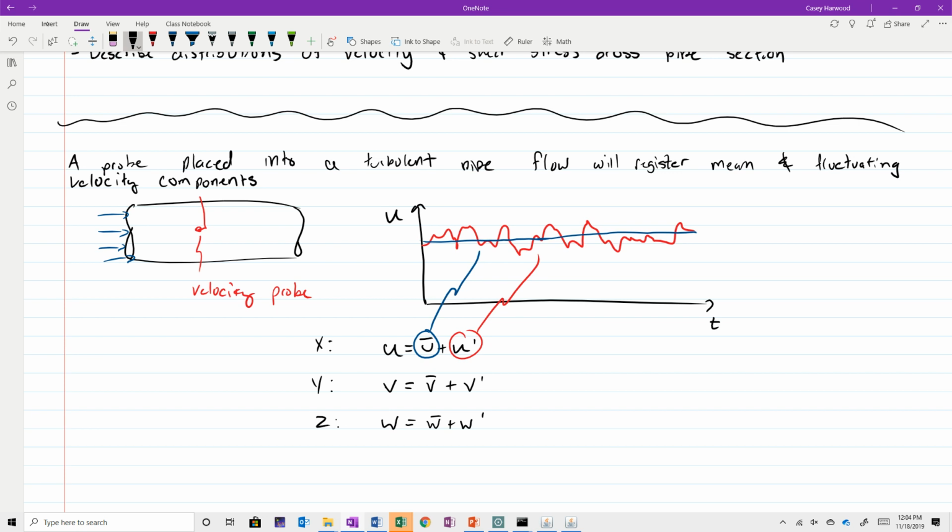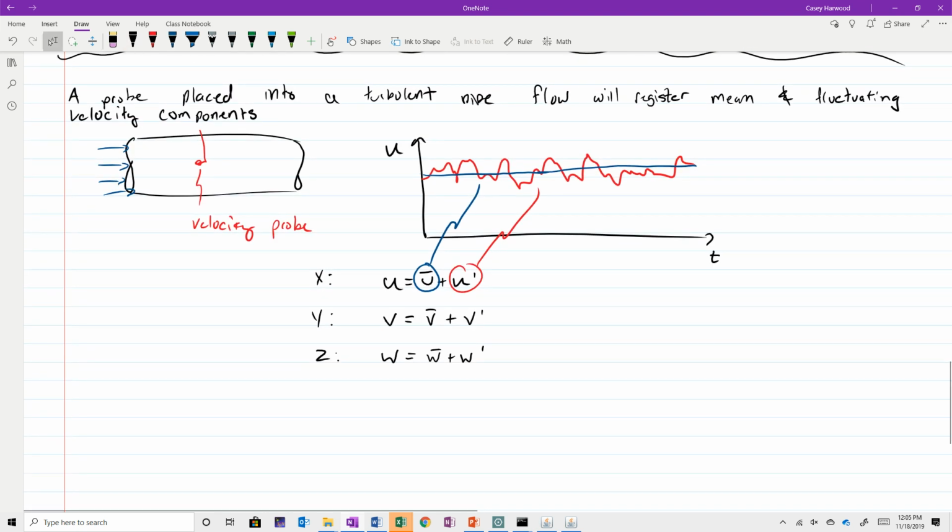So this is a decomposition of the velocities that leads to, if you were to plug this into the Navier-Stokes equations, what's called the Reynolds averaged Navier-Stokes equations, which is what most computational models are based on. We're not going to go into that kind of depth.